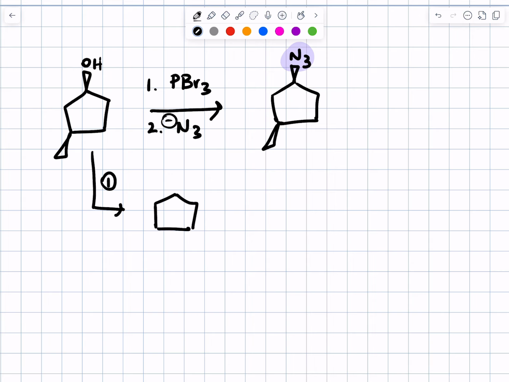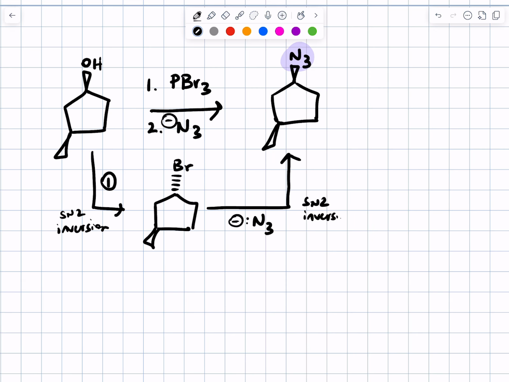to do SN2 chemistry to replace the alcohol with Br, and that involves one inversion step. And then you could bring in the nucleophile, which is N3 minus. We've used that as a nucleophile before. And this would be a second SN2 inversion step.